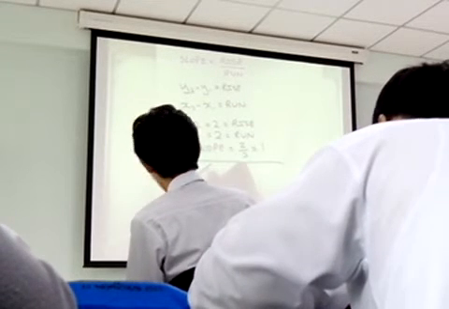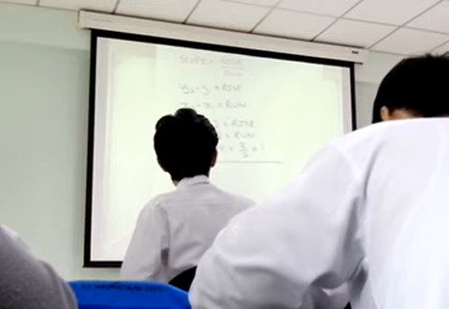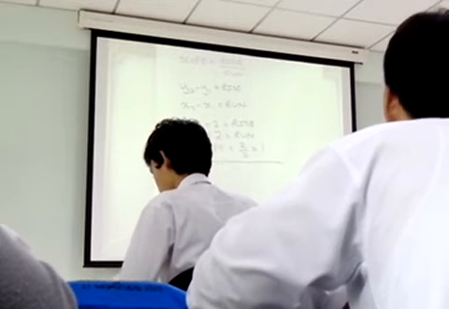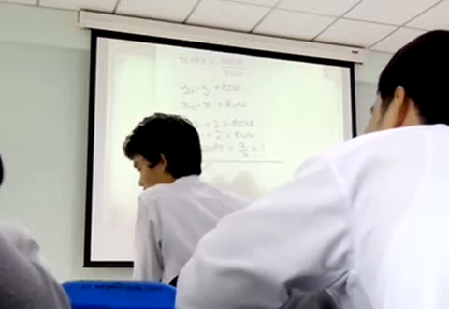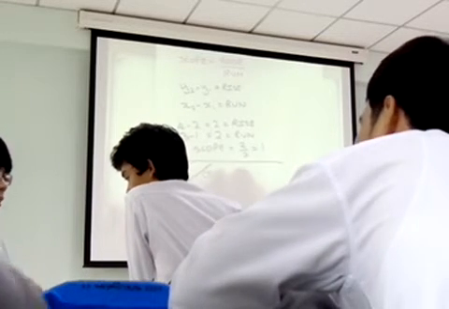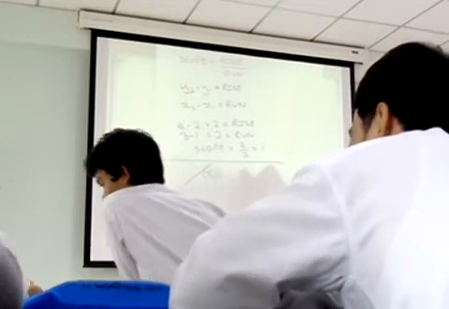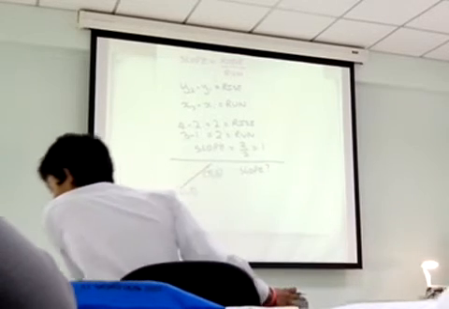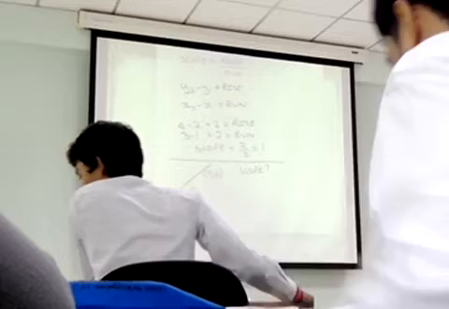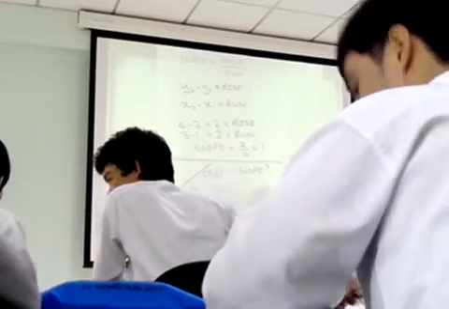Okay, that's my alarm, but I'm going to do one more example. What about if we had 1, 2 and 5, 6? Can you calculate the slope? So what would that be?